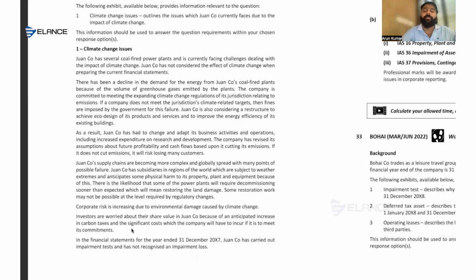The value of the share will fall. So again, that's an indicator that the market value of the company will fall, and it directly relates to your impairment scenario. And obviously, with respect to IAS 16, we have to re-estimate the useful life of the asset as well as re-estimate the residual value of the asset. So these are the impacts on IAS 16.